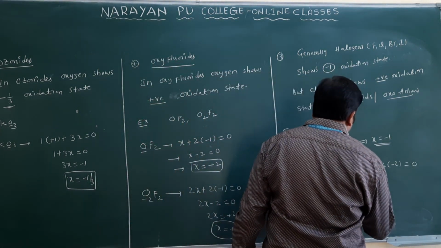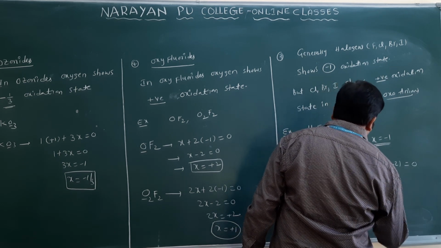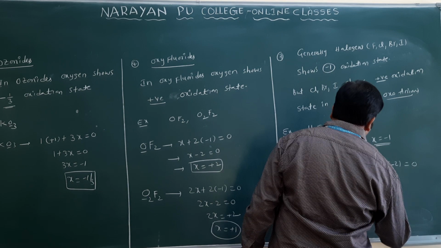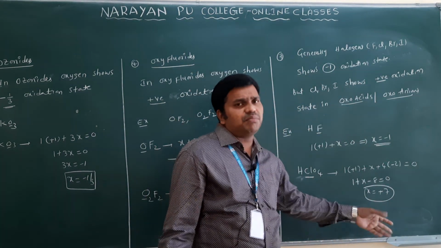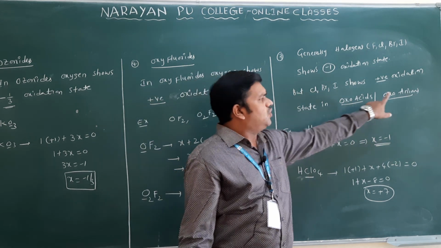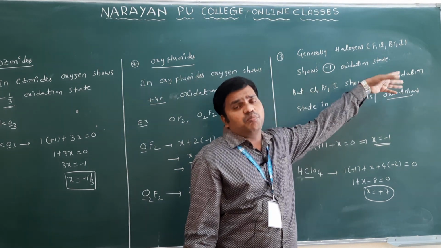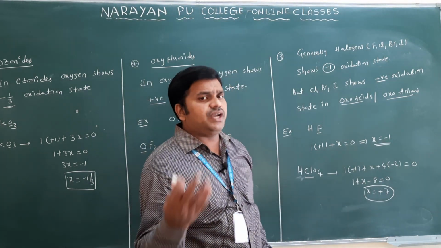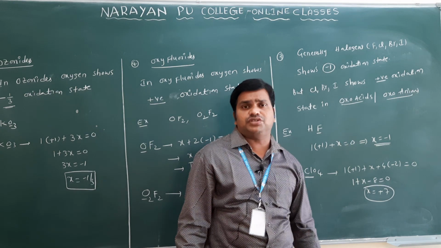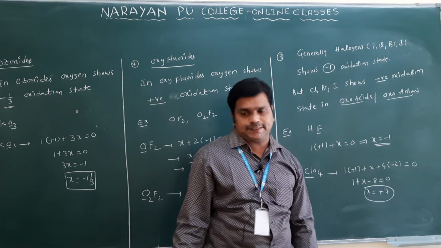So 1 plus x minus 8 equals 0, and x equals +7 only. The oxidation state of chlorine is +7. So in oxoacids and oxoanions, it shows a positive oxidation state. If you take bromine or iodine, you will get positive oxidation state only. So this is regarding halogens with one exceptional case.